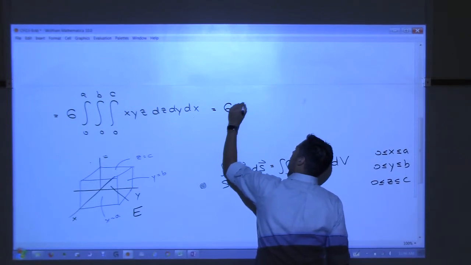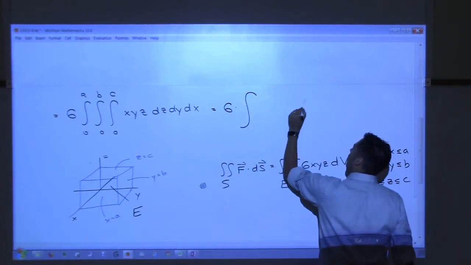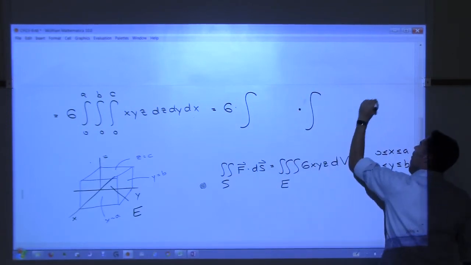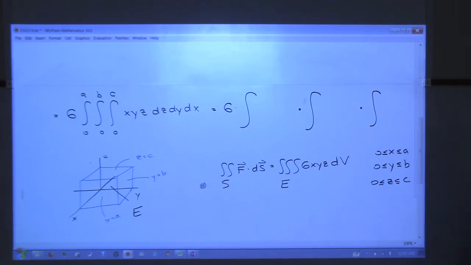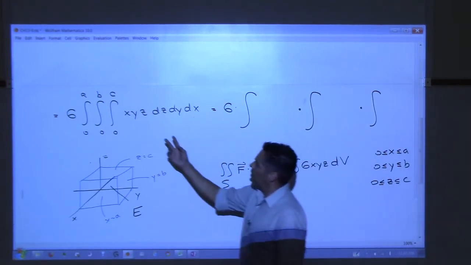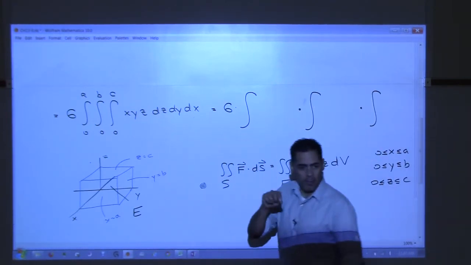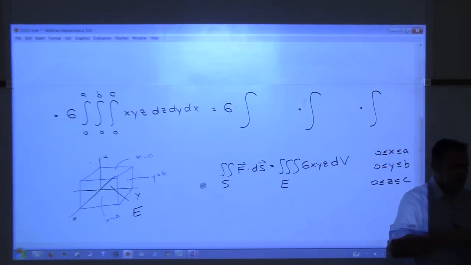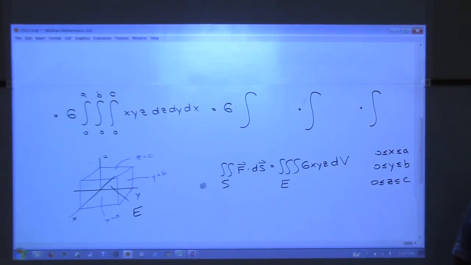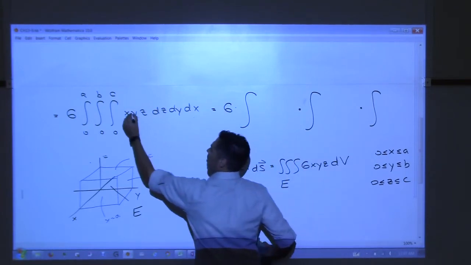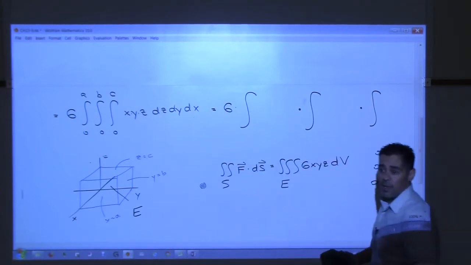Am I allowed to do this? As long as these variables are completely separated from each other with multiplication and not mixed together, I can do that. I have multiplication, and those are all constants, so I'm allowed to do this.